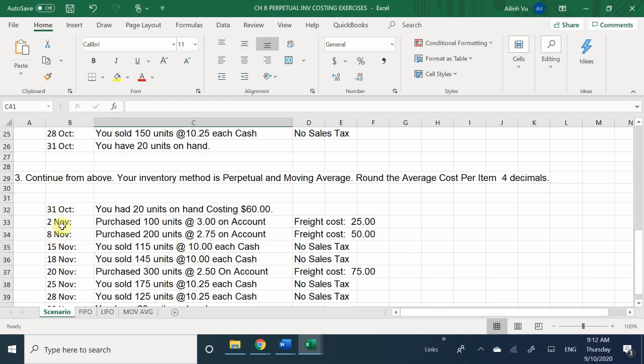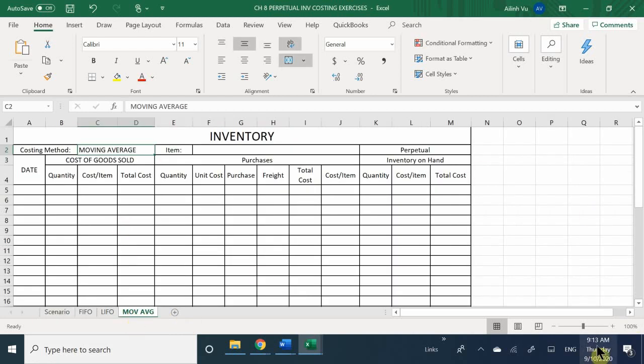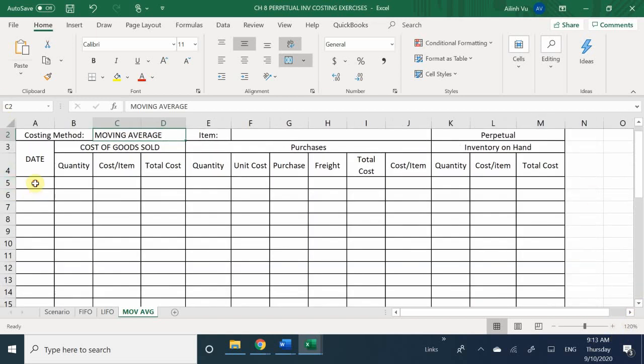So what happened on October 31st? We had 20 units on hand costing $60. Good. So here I'm going to go to my moving average worksheet now. I'm going to put a little indicator on top for October 31st.